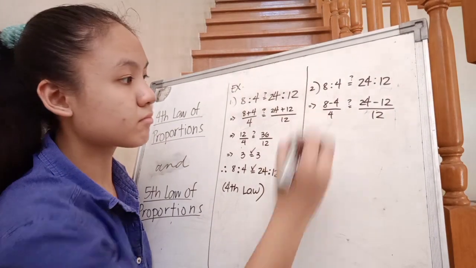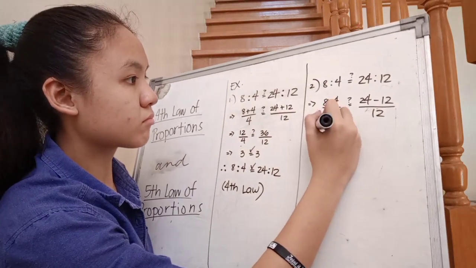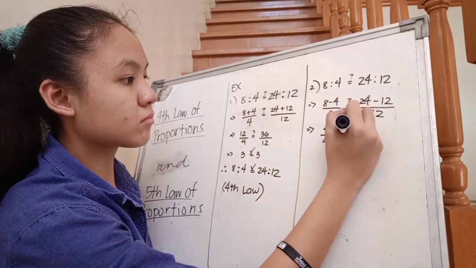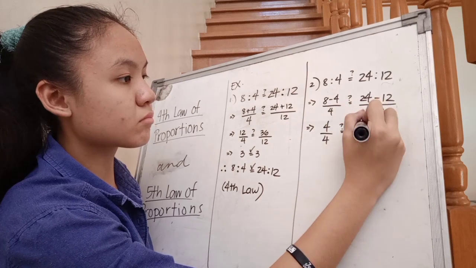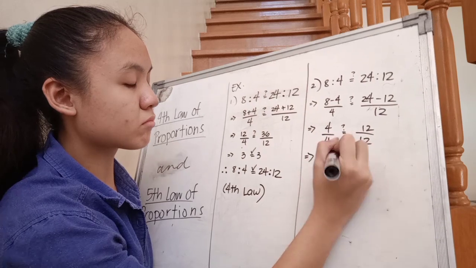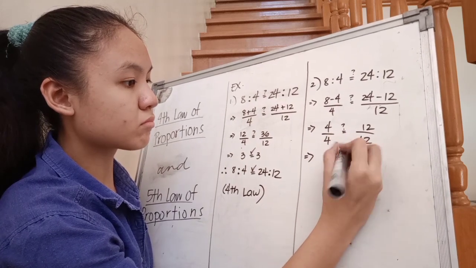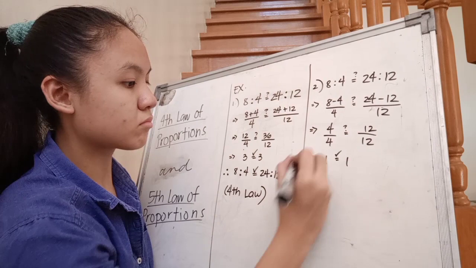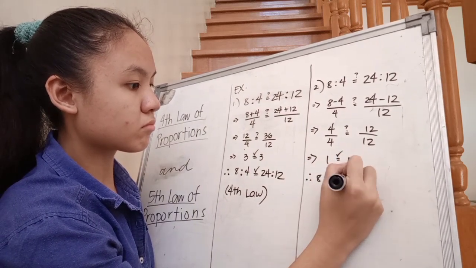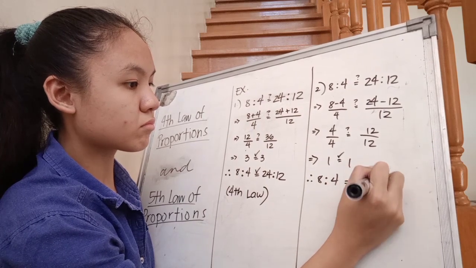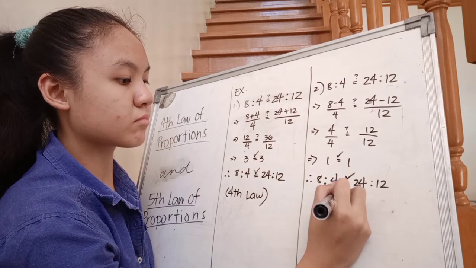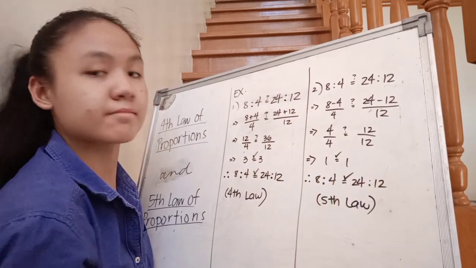To find out, 8 minus 4 is equal to 4 over 4 equals 24 minus 12, which is 12 over 12. So, simplify, 1 is equal to 1. Therefore, 8 is to 4 is equal and proportional to 24 is to 12. And we used the fifth law.